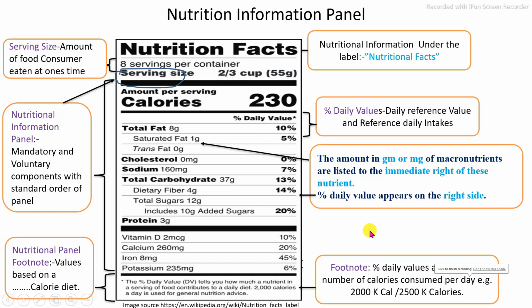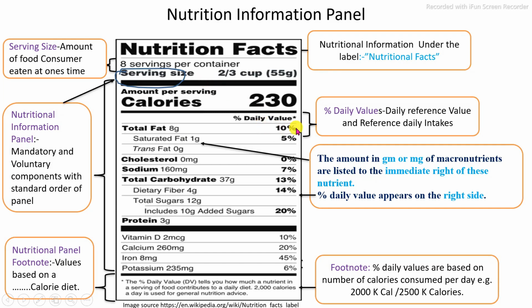How to read this nutritional fact label? If you eat this product at one time, you will get the specific percentage of the daily value. That means of the nutrients you require in one day, you will get, for example, 10% of the fat after eating this product.